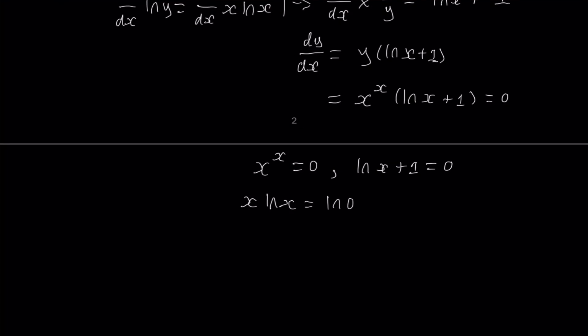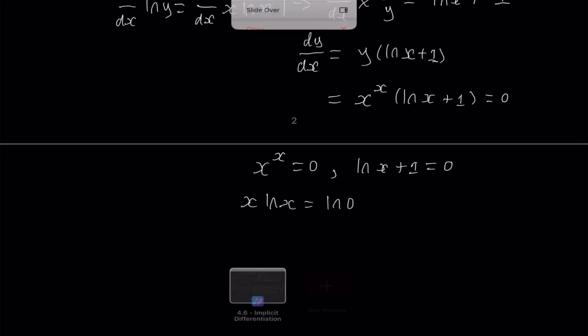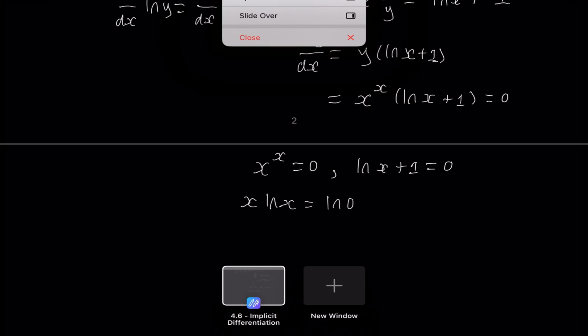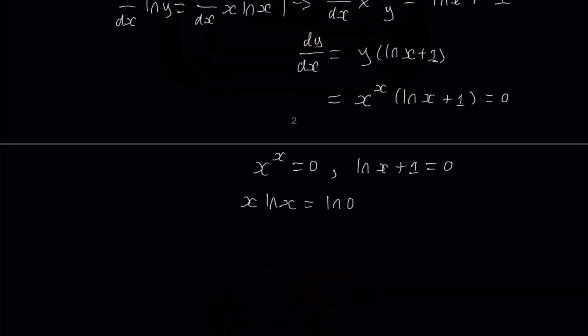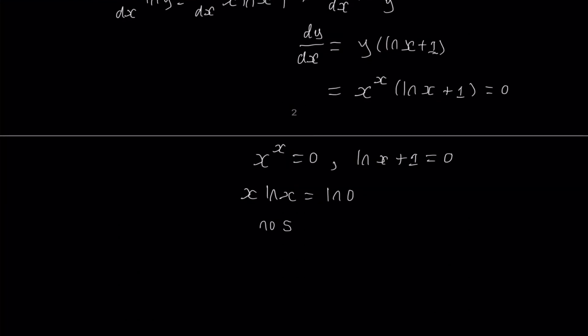But this can't work. You can't have the logarithm of 0. So this equation actually doesn't have a solution. x to the x being equal to 0 has no solutions.